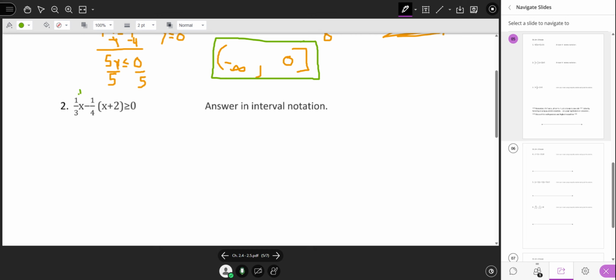So when I times by 12, what I get is 4x minus 3 parenthesis x plus 2 bigger than or equal to 0. And now we distribute the 3.